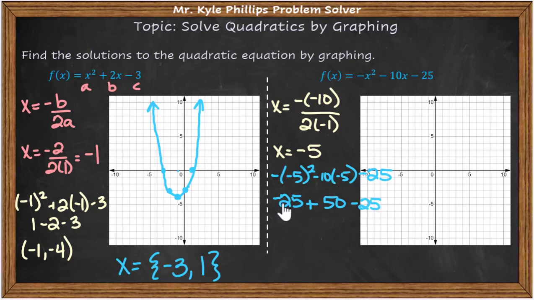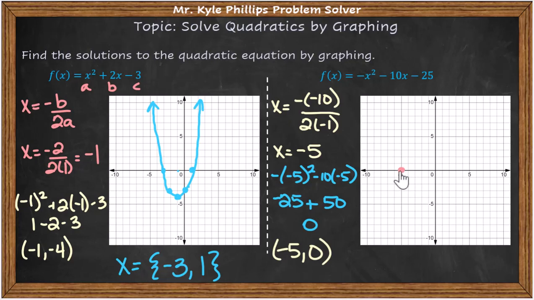So here I have negative 25 plus 50. That's 25, minus 25 is 0. So here we have a vertex at negative 5, 0. We're going to plot that. Let me go ahead and erase this right here, and we'll plot our vertex at negative 5, 0.